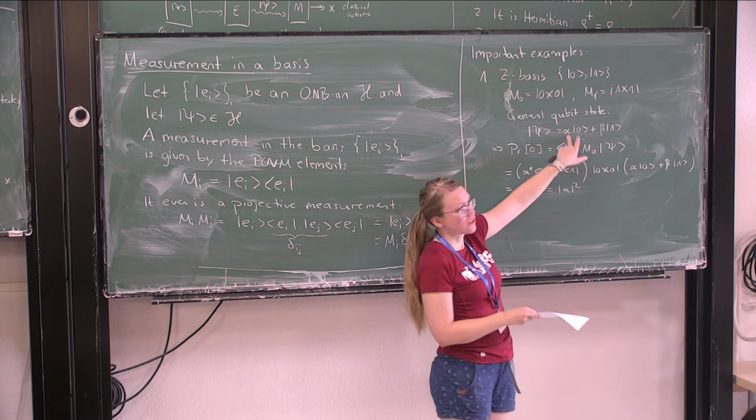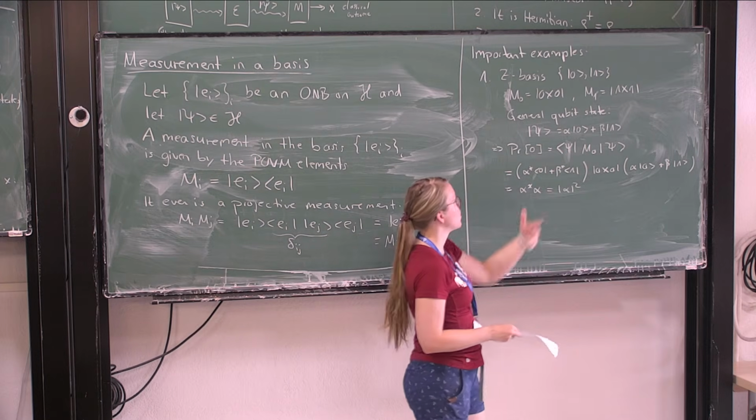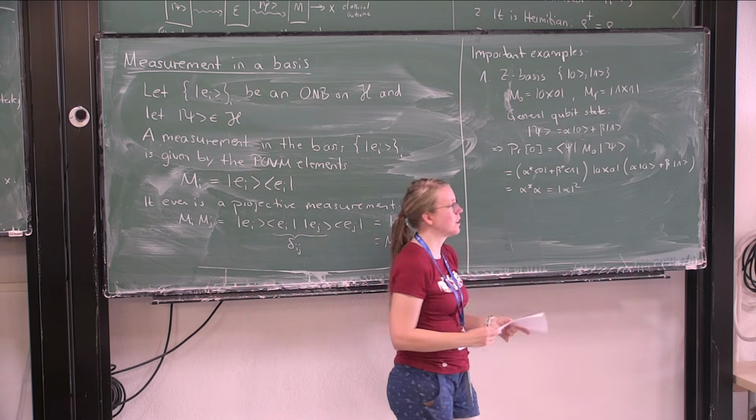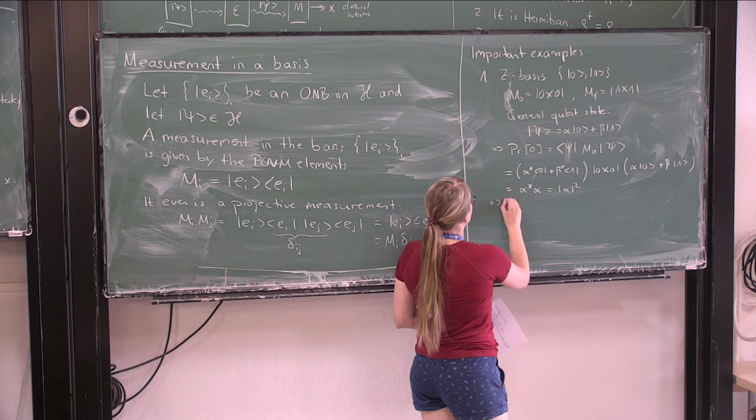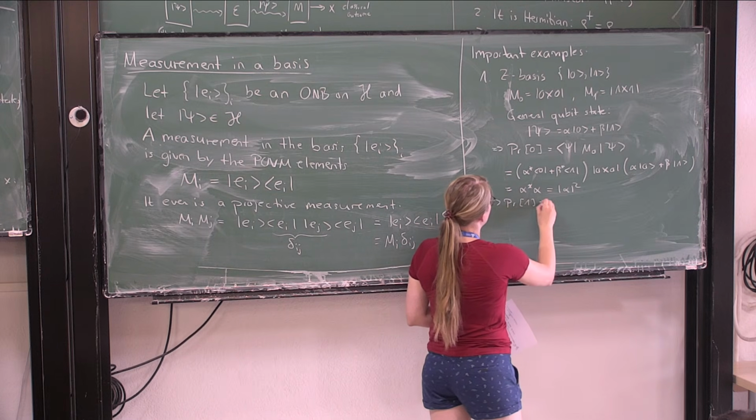So this prefactor of the 0 in the general state just directly gives you the probability of measuring 0 if you measure in this basis. And similarly, you will see that the probability of 1 is the absolute value of beta squared.